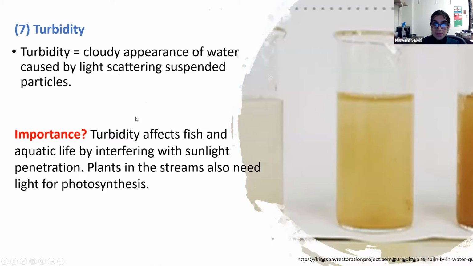Turbidity could influence fish and aquatic life because it prevents light penetration into the water, and it is going to influence the photosynthesis process.